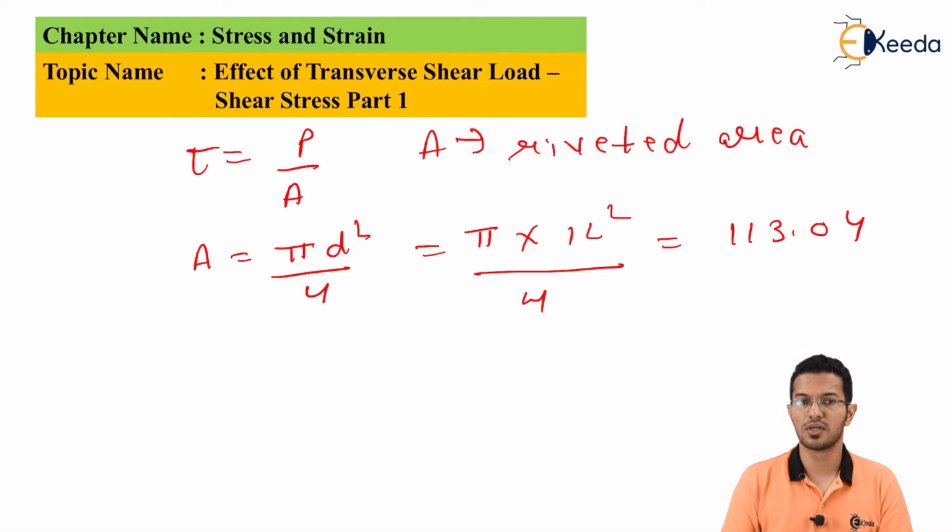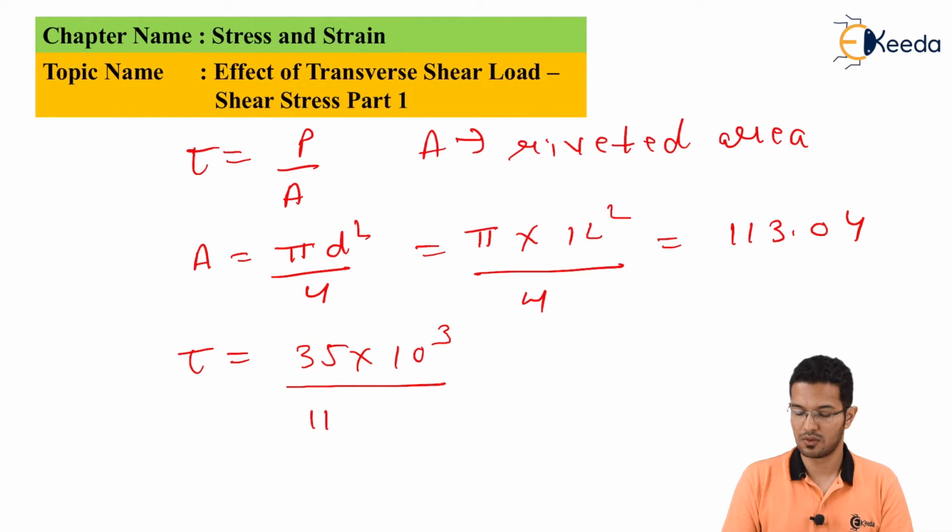Now, tau is equal to P upon A, where P is equal to 35 into 10 to the power 3, the whole upon 113.04. 113.04 is the area. The answer comes out to be 309.62 megapascal.